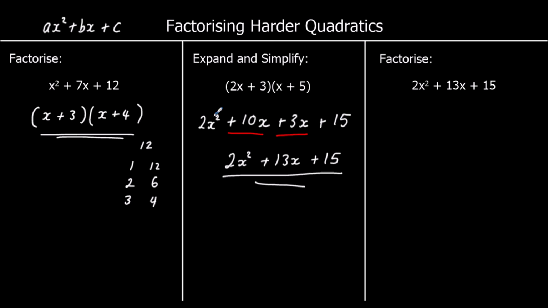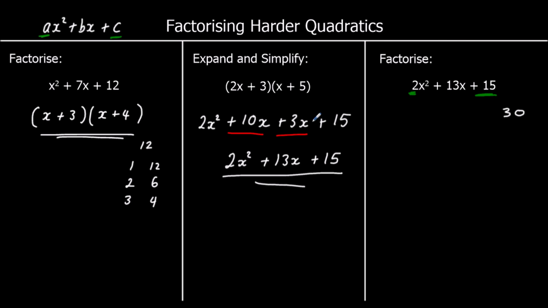We call that our A times C, our A times our C term. So they multiply to make our A times C. 2 times 15 is 30. So if we look for two numbers that multiply to make 30 and add to make 13, we can find out what these two numbers were.